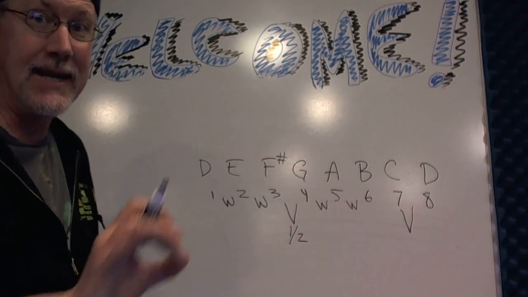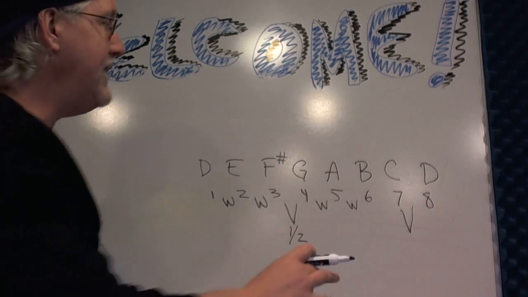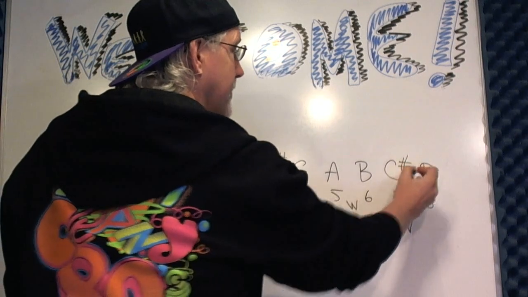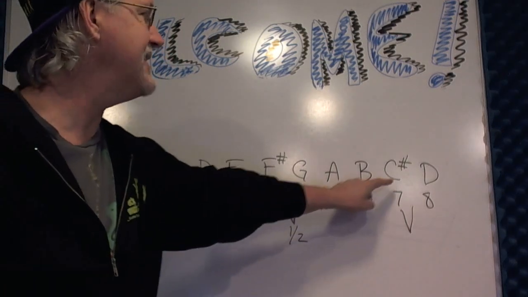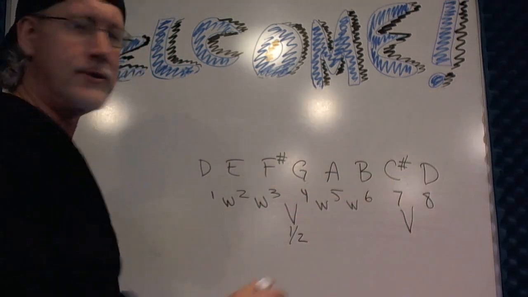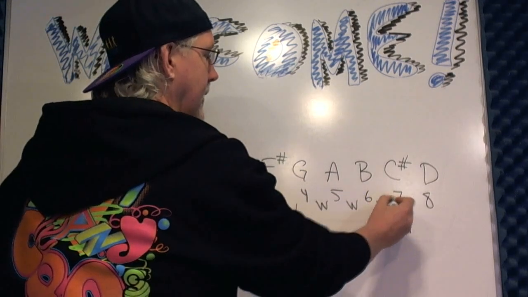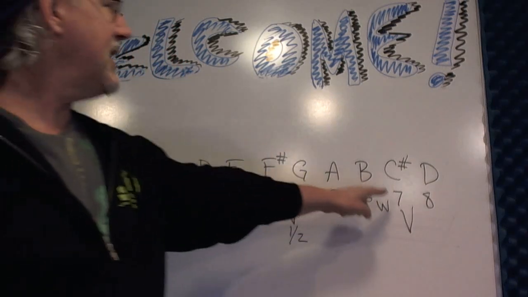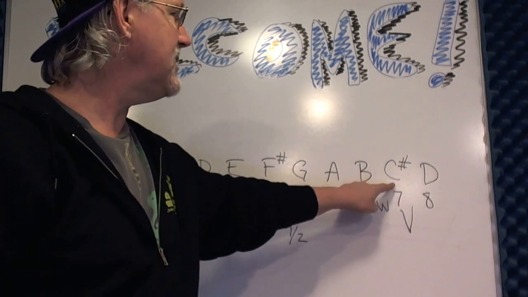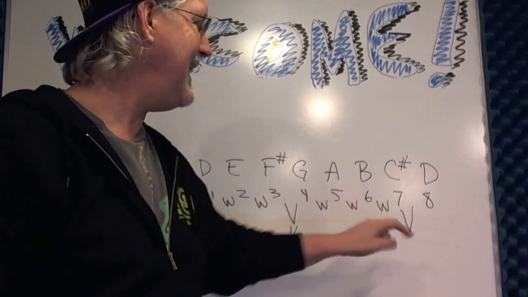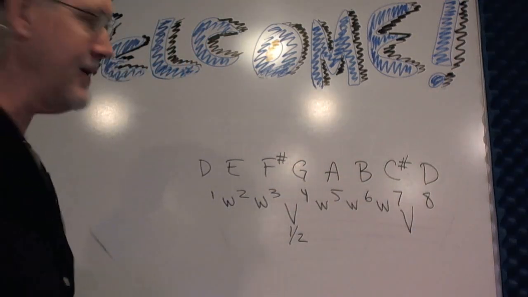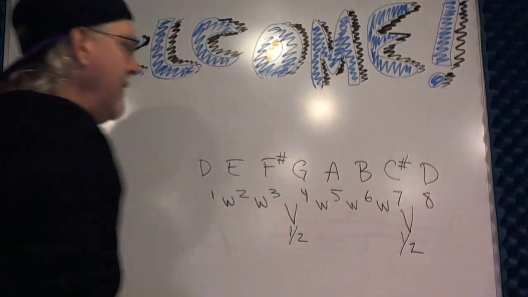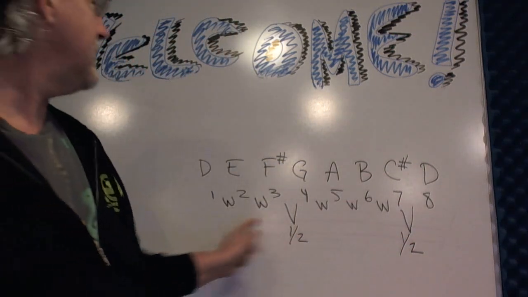B to C is a half step, so I need to put a sharp on this C, making that C sharp, and now B to C sharp is a whole step, which gives me my whole step from 6 to 7. And now I'm on scale degree 7 going to 8, which is C sharp going to D, and that is a half step right there. So I put my little half step marker right there, and everything is now dandy.